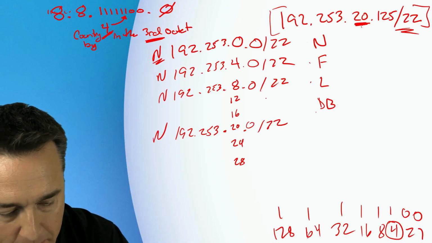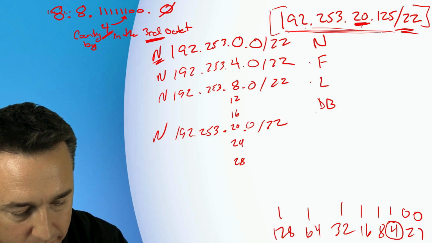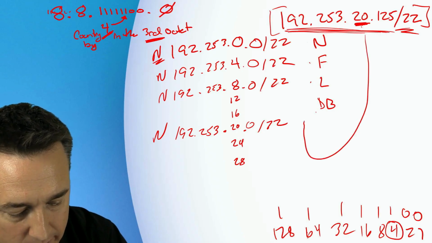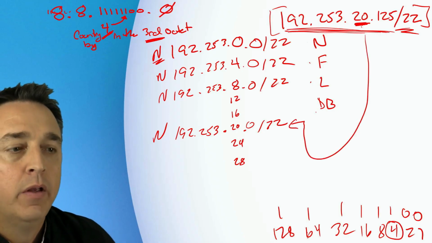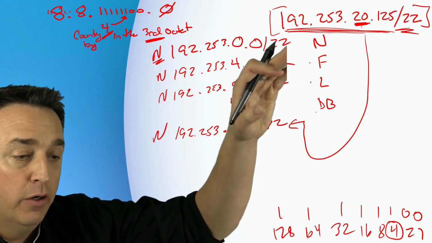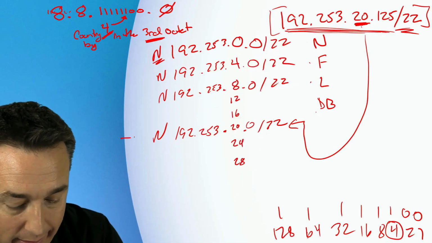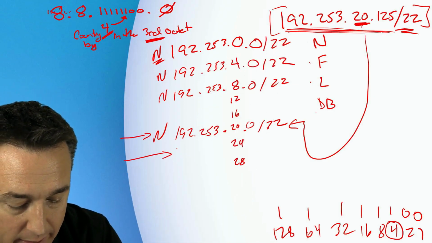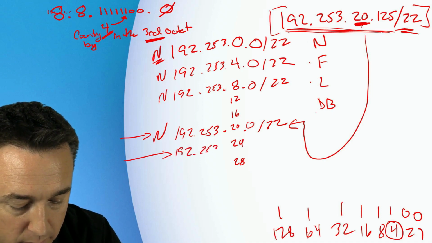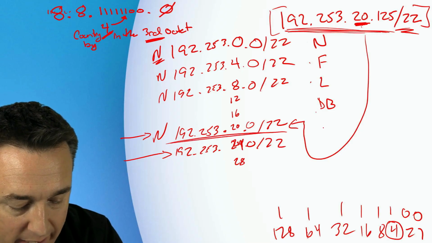We now know that this lives in this network because that number would fall between here and here. We know it lives in here somewhere.